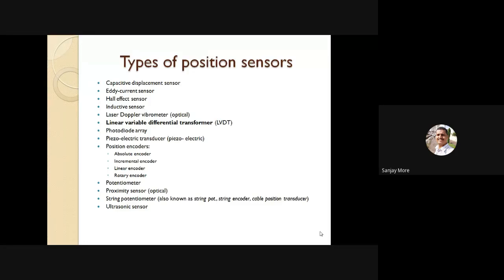Then linear variable differential transformer, in bracket LVDT.